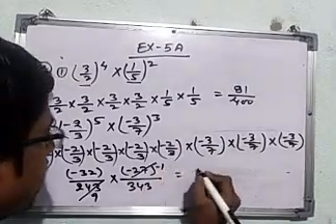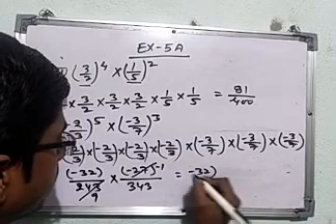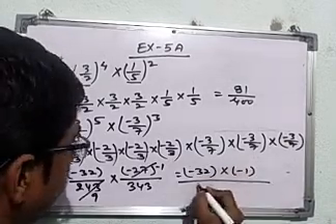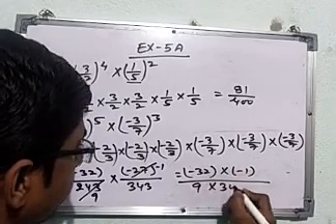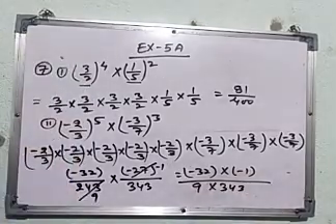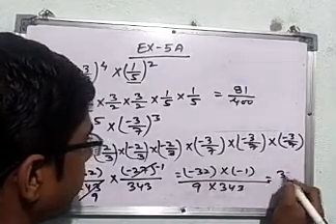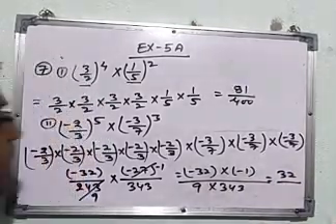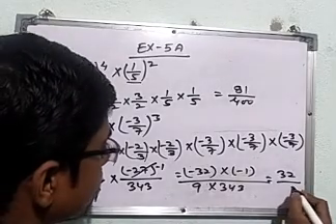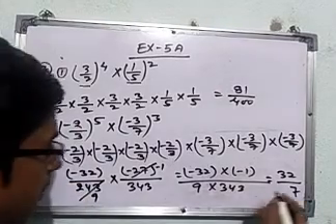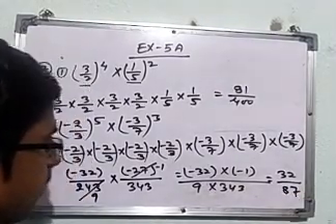So if you multiply minus 32 into minus 1, we get 32. And 9 into 343: 3 nines are 27, carry 2, 4 nines are 36 plus 2 is 38, carry 3.